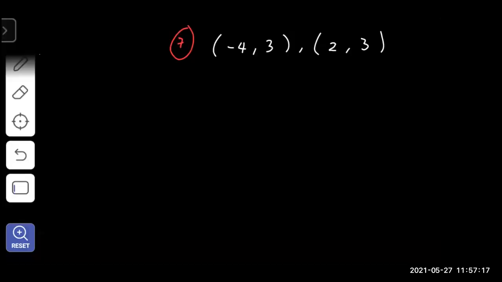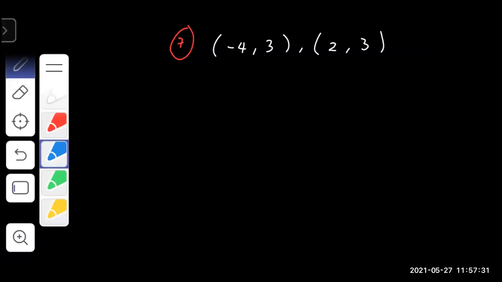Example number 7. Again, we are given these points: negative 4 comma 3 and 2 comma 3. So let's see what's going to happen. Again, I got 2 points, x, y, x, y. I'm going to say this is x1, y1 and this is x2, y2, just to label them.